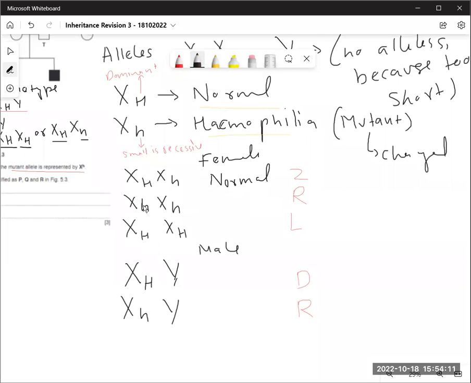Now, Rachit, tell me the second one. What is the phenotype? The second one will get hemophilia because both are small h. Small h means hemophilia. Now, Luna, tell me the third one. Because both are dominant X, it's normal. Diana, the next one.